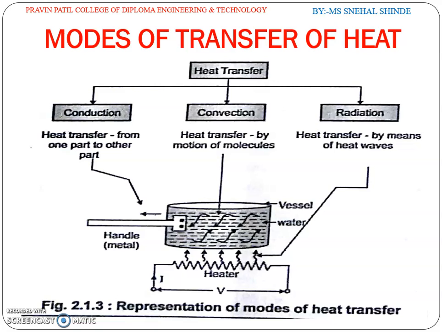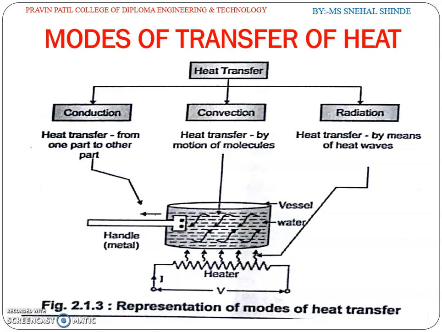This heater coil is supplied by a voltage and a current. As this heater heats the vessel, the heat transfer modes are basically of three types: conduction, convection, and radiation.